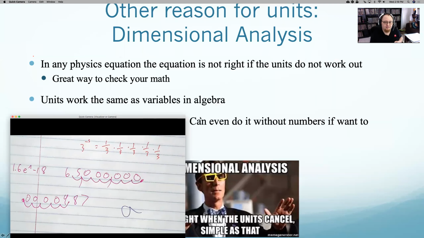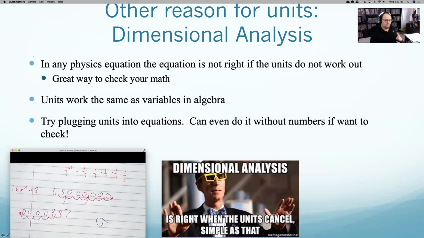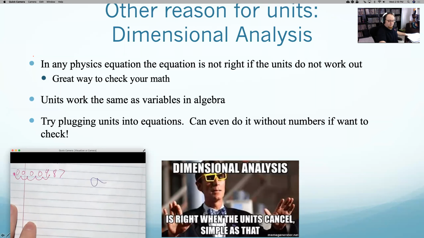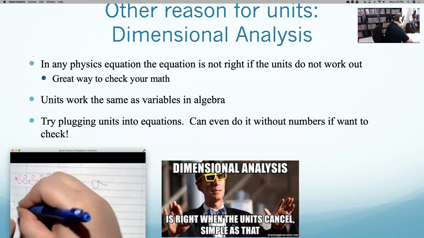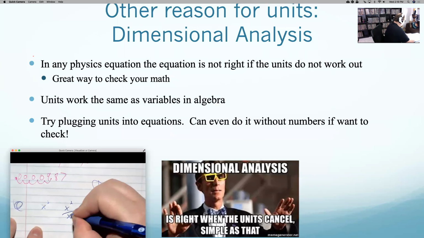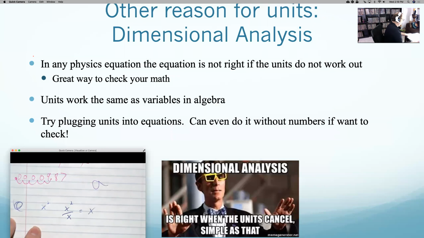If I take an equation like x squared divided by x, you can say, oh look, one cancels, that's just x. Units work the same. Units follow just like any other variable in algebra. And if the units do not work in an equation, the answer will not work. It's a great way to check what you're doing.